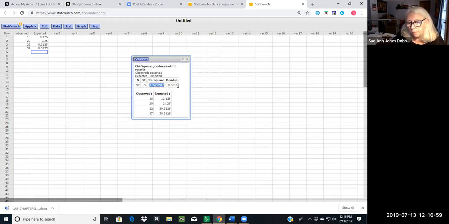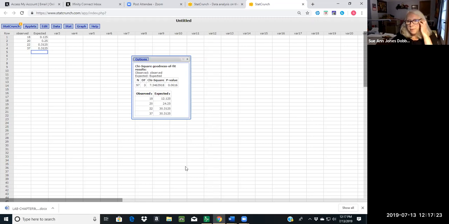And then here's your p-value. And so to do this, we will again compare the p-value with the alpha value. So the p-value is 0.0616 and the alpha value is 0.0500.